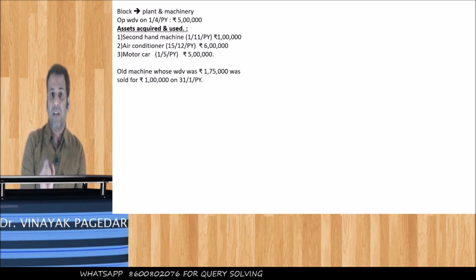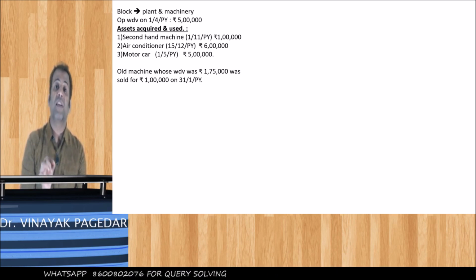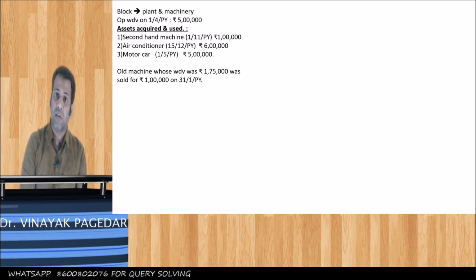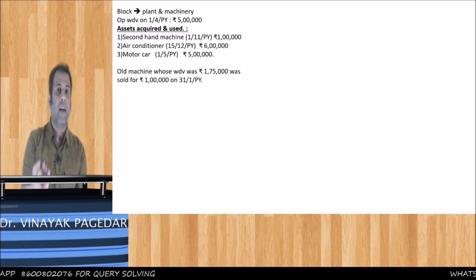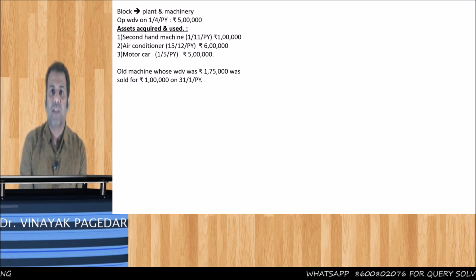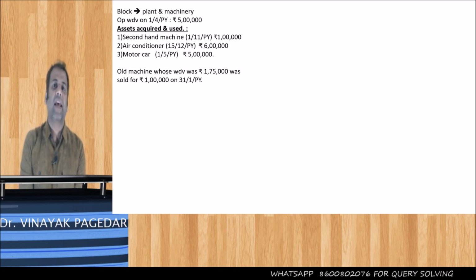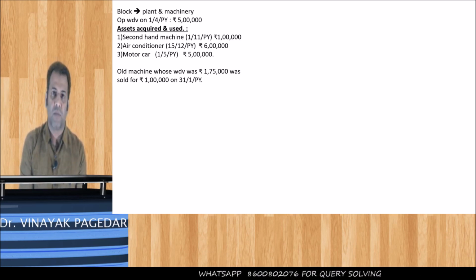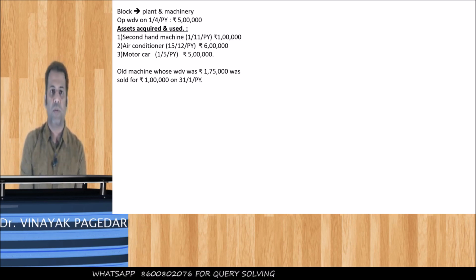So here, if you say the profit on sale of the asset is 75,000, that is as per accounts. Income tax just considers the sale price. And how much is the sale price here? It is 1 lakh. So we'll consider 1 lakh in our calculation and ignore the 1,75,000. The profit or loss and the WDV of the individual asset is to be ignored.